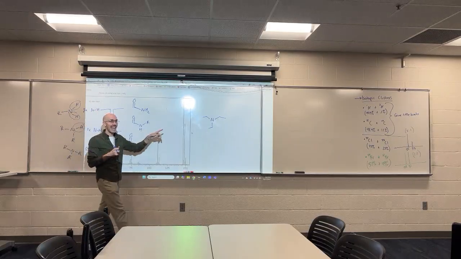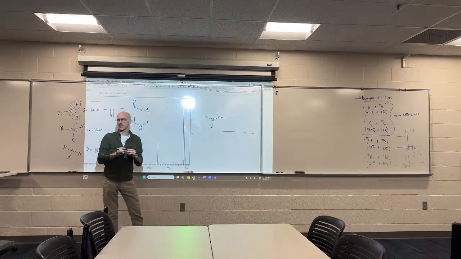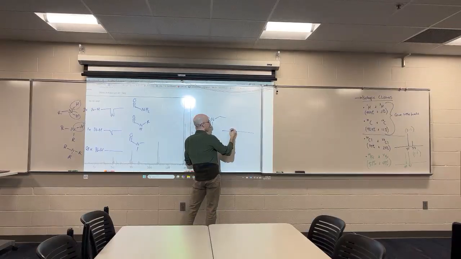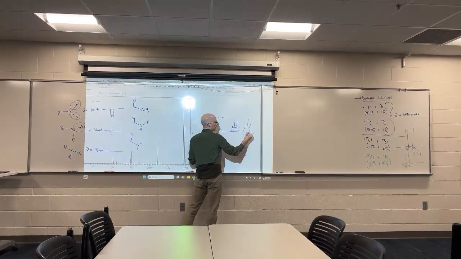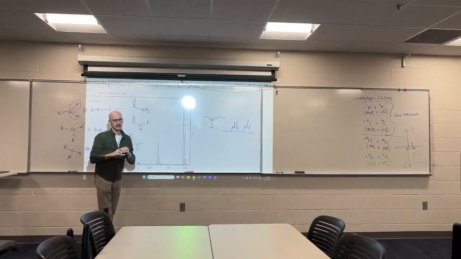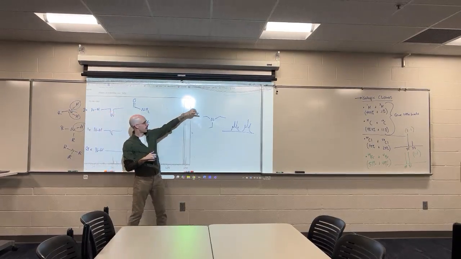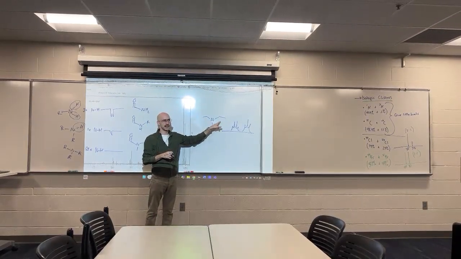And the NMR of this compound, how many signals does it give? The proton NMR just gives 2 signals, because all of these CH2s are identical and all of these CH3s are identical.